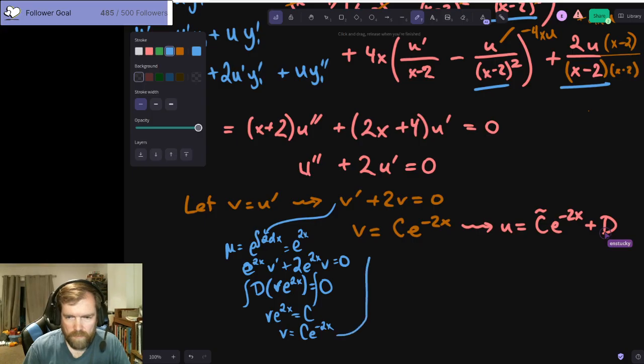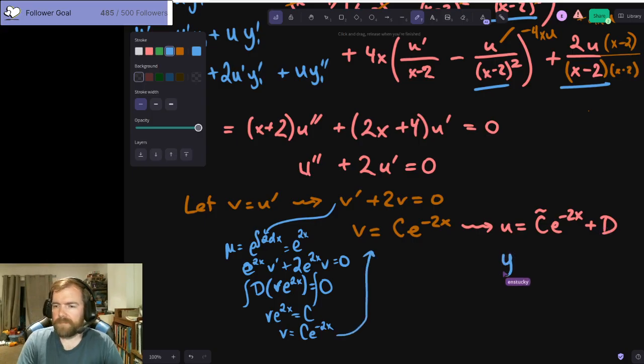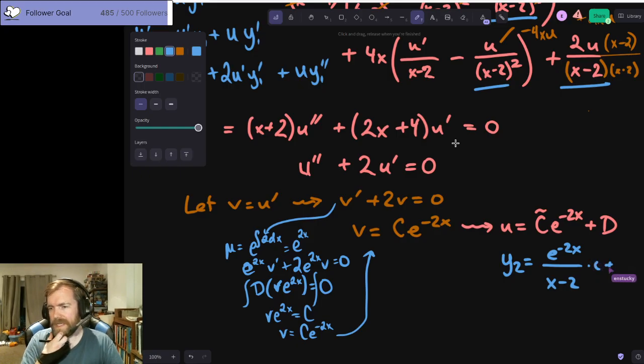And so y2 is equal to, well, I will take the liberty of throwing some constants away. I guess I didn't really need to do that.